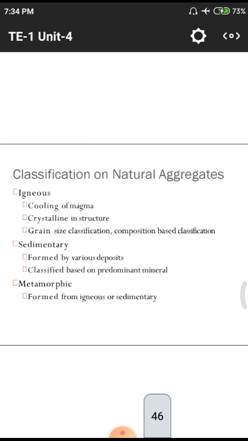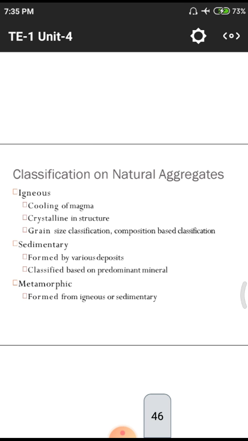In Vizag, we are having some quantity of this steel mineral, that means hematite or magnetite. So different places have different mineralogical compositions according to the availability of materials. So those classifications will be based upon predominant minerals in the soil strata. Those also have some importance in sedimentary rocks.